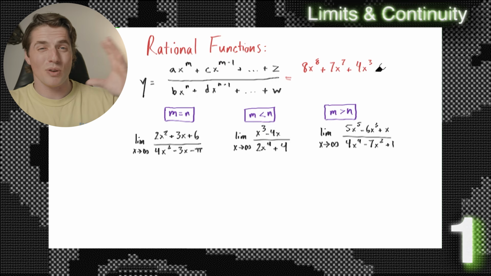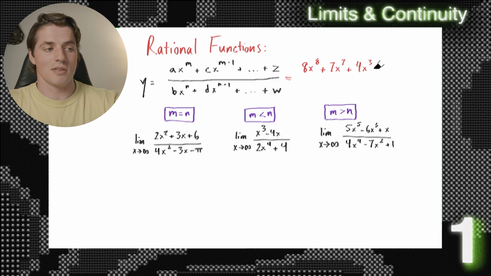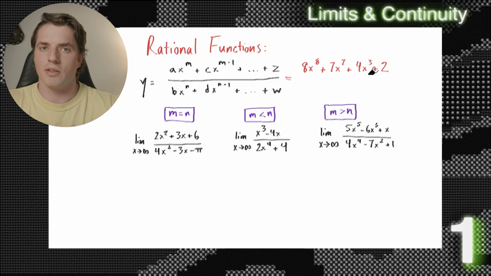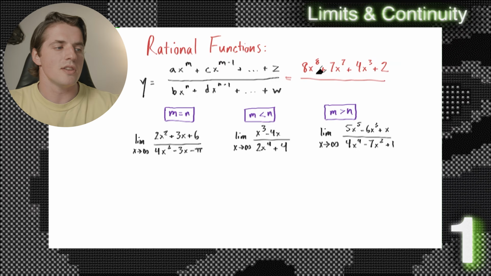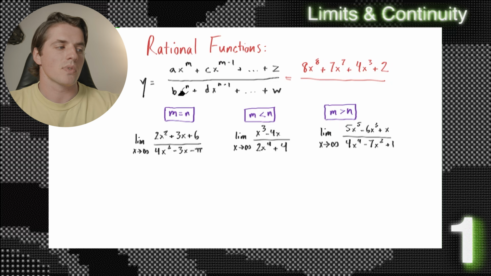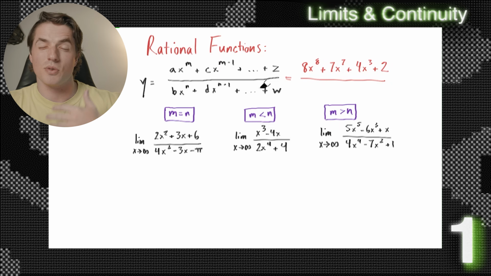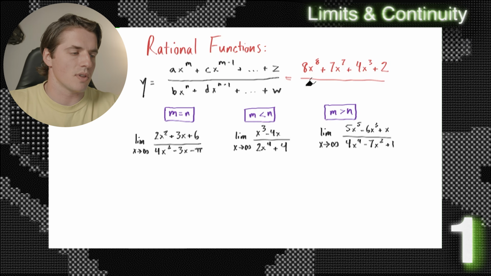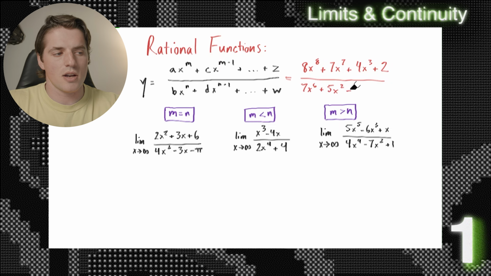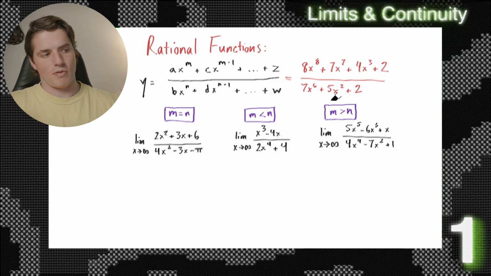We don't have to have every degree below 8; these coefficients could be 0, and that's fine. So this is a perfectly fine numerator. In the denominator, we have b x to the nth degree plus d x to the n minus 1, so just smaller once again. So let's say 7x to the 6th plus 5x squared plus 2, for example. So this is just an example of a rational function.